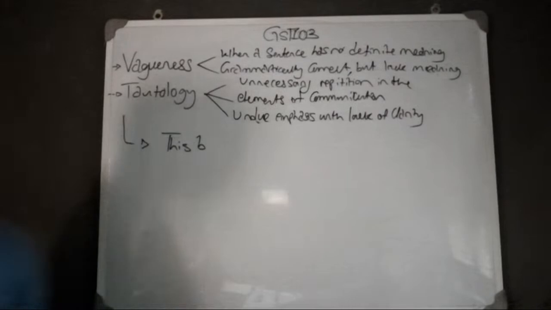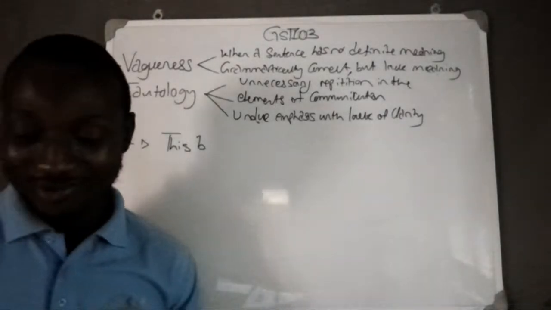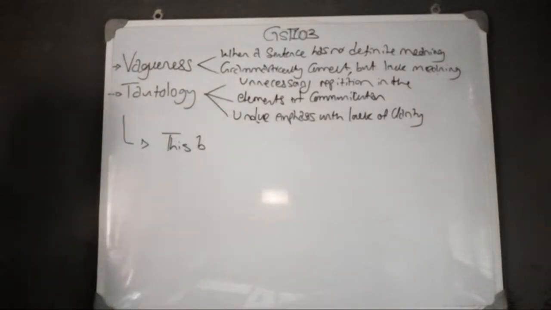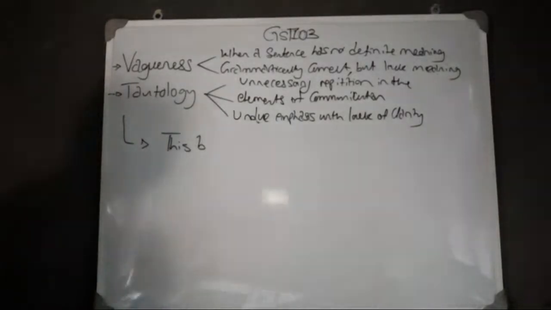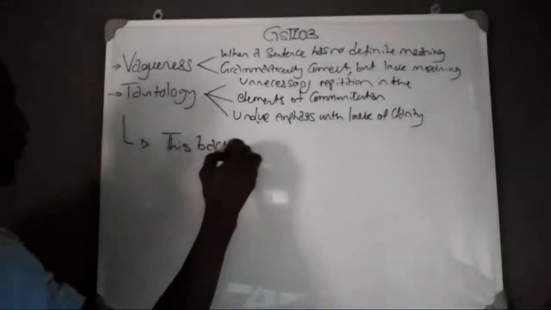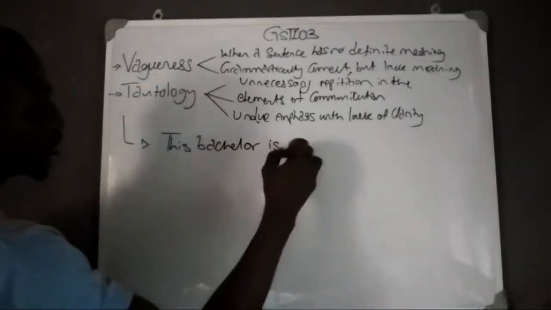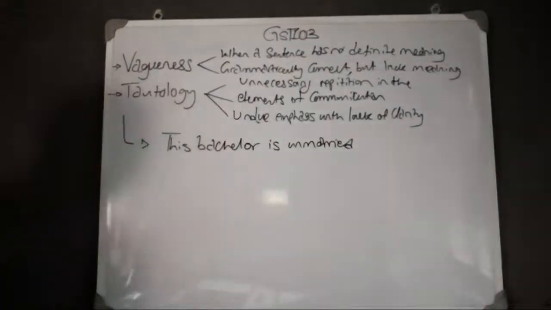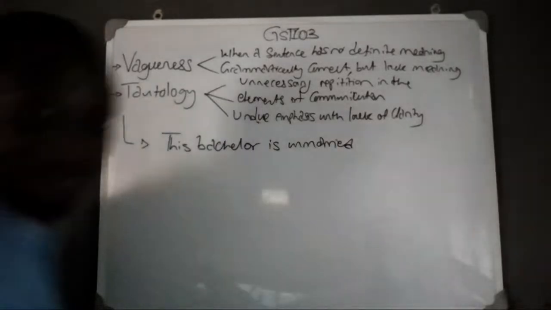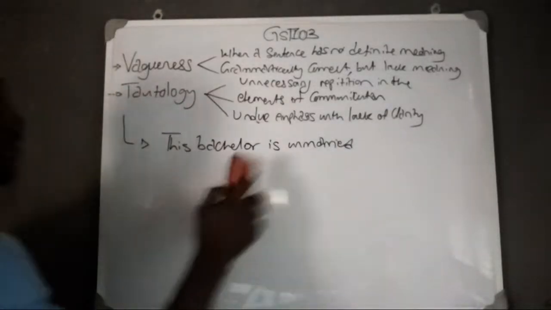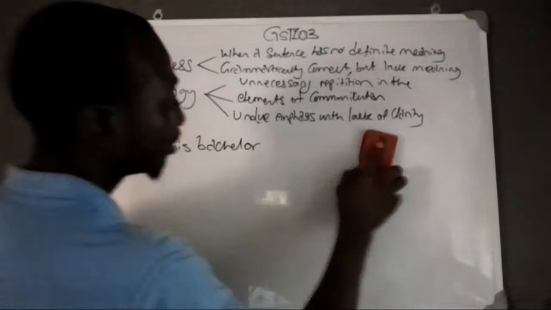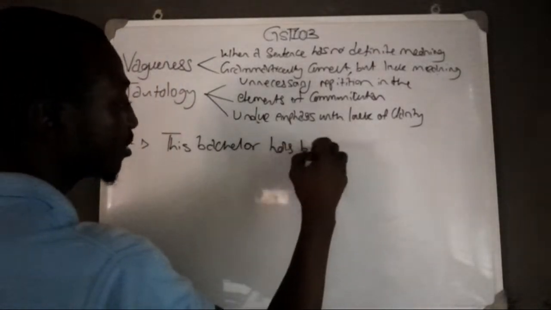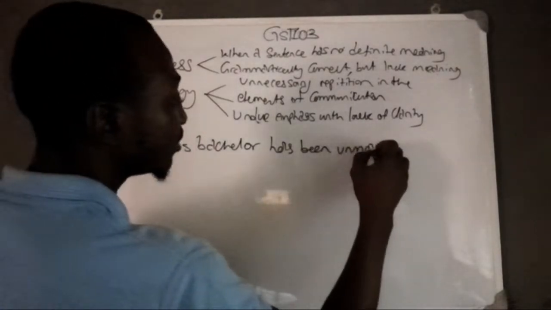Now we can relate it to this. When you call somebody a bachelor, does it mean the person is married? Let me write it out so we'll understand better. This bachelor has been unmarried.